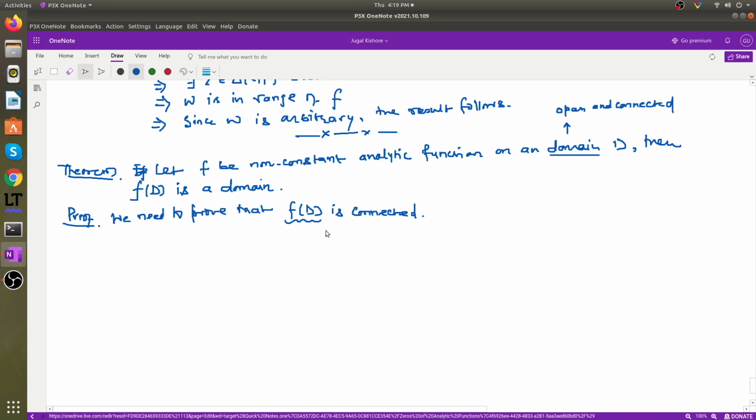Okay, now to prove f(D) is connected, let D be a domain in the z plane, and consider f(D).